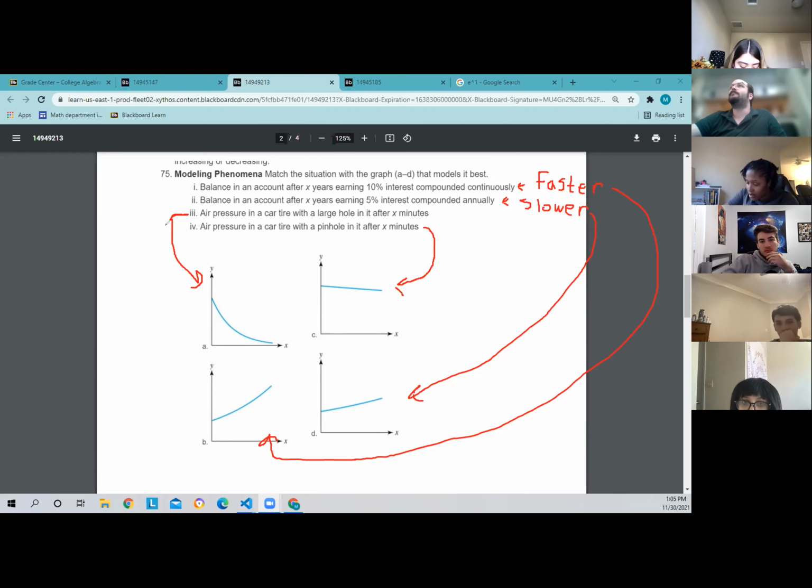Here, C, this is like it's stable, right? C is like a pinhole, and so you're just gonna lose a little bit of air at a time. Whereas A is like there's a big hole. So when you have a big hole, it's gonna lose a lot of pressure in your tire. And then after that, there's not so much pressure in your tire, so it's gonna leak out a little bit slower.